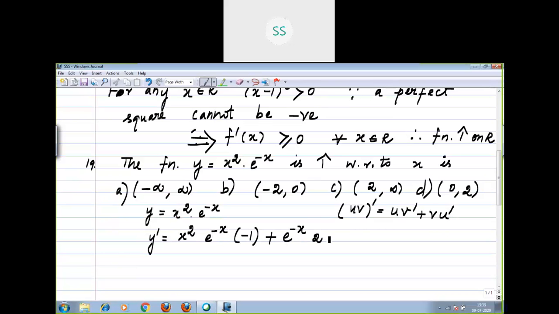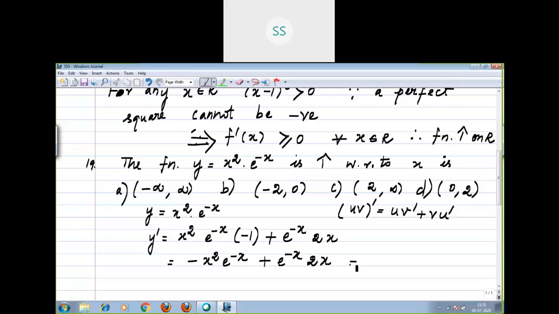Then into 2x, the derivative of x power n you are applying, which is equal to minus x square e power minus x plus e power minus x into 2x.